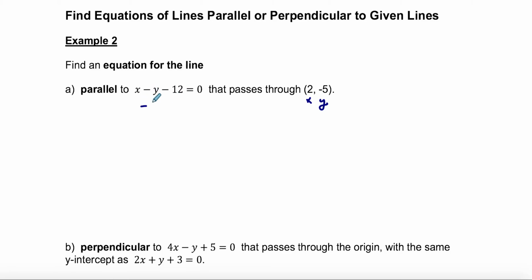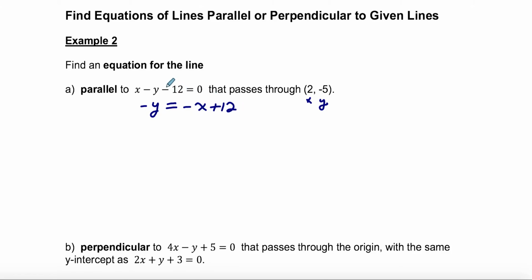So I can't really do that easily unless it's in y equals mx plus b form. So I would want to isolate my y and move the x to the other side and the negative 12 to the other side. You can see how important it is to not make any mistakes with the signs.